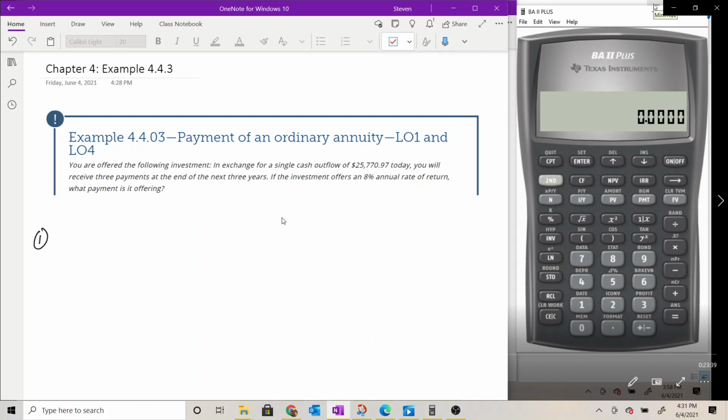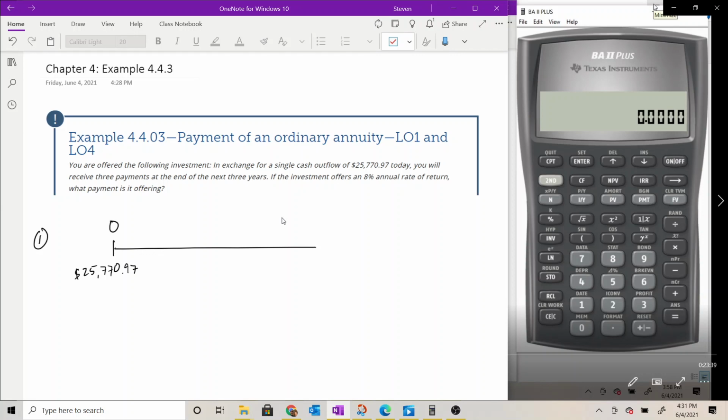So let's start with our timeline. At time period 0, or today, we're going to have a cash outflow where we're going to purchase this investment, and we're going to pay $25,770.97.